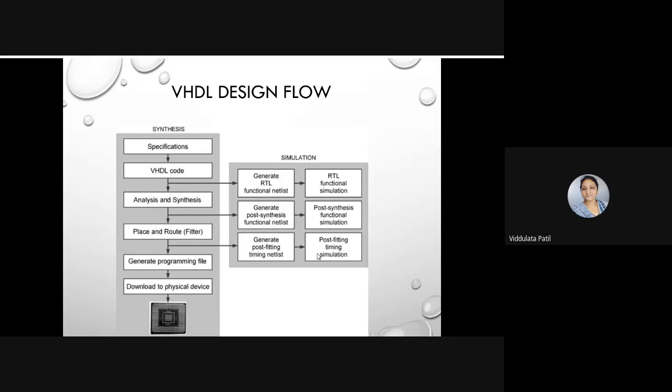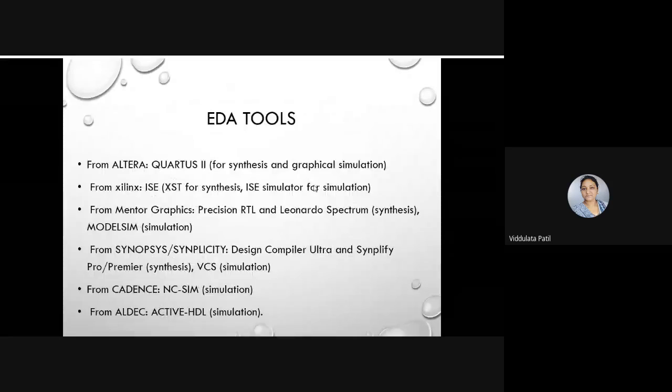Okay, पण आता आपण जेव्हा बघतो तेव्हा आपण इथपर्यंतच करतोय की आपण VHDL कोड लिहितो आणि त्याचं सिम्युलेशन करतो. ओके, सो वी आर डुईंग दिस स्टेप टिल दिस मच ओनली. ओके, दॅट इज RTL functional simulation. Now there are different EDA tools that are available in the market. So from Altera, there is Quartus 2, which is used for the synthesis as well as graphical simulation.